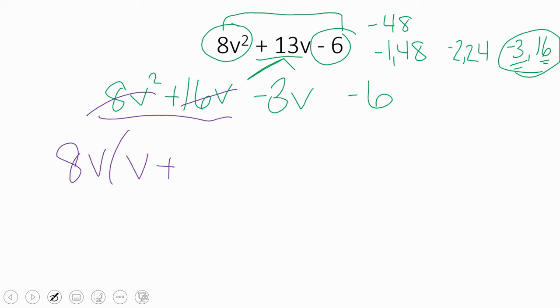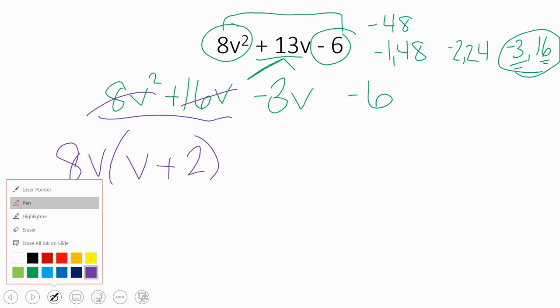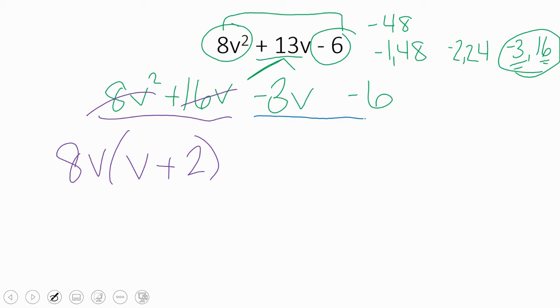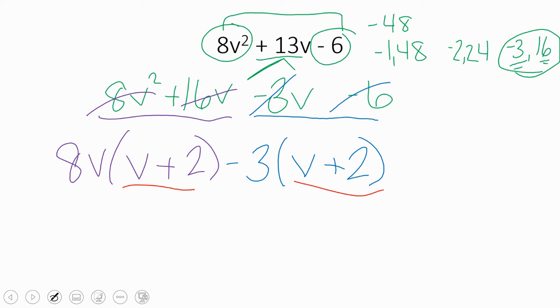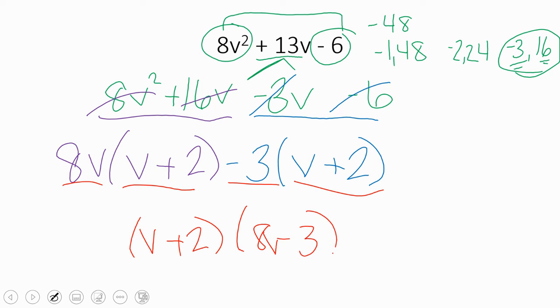And I divide that by 8v, I'm just left with 2. I can divide both of these by a negative 3. So dividing that by negative 3, I just get v. Divide that by negative 3, I get 2. Put it together. Those are the same. And then use your coefficients, 8v minus 3.